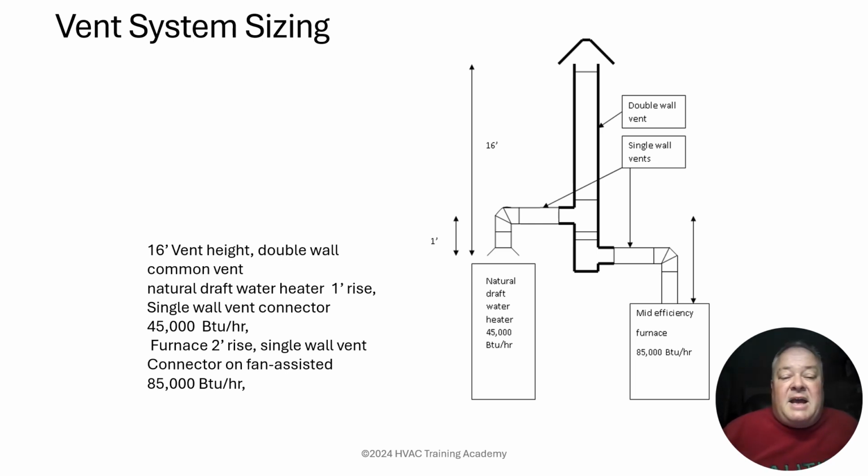The only thing we really have left is to combine those BTUs, which is 130,000. Because it doesn't say anywhere in the question that we have any air exhausting appliances, we can use the non-DP column. So what we have here is an F plus N application.